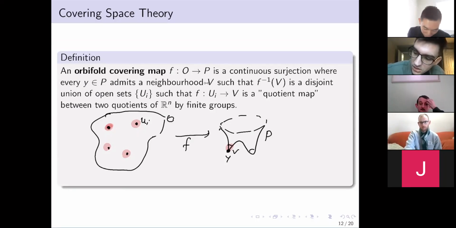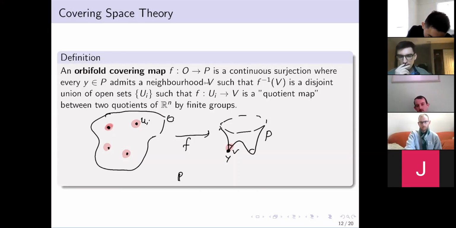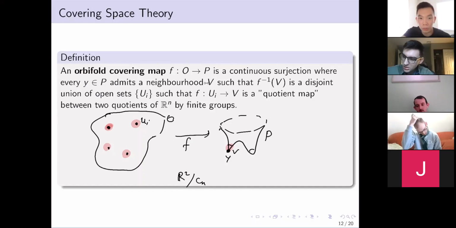So I think one easy example I can think of is something like R2, so the plane, modulo, let's say Cn. Cn here is a cyclic group of order n, right? So this is a cone with angle 2 pi over n. I can wrap this around k times, and I have, let's say, Cnk.